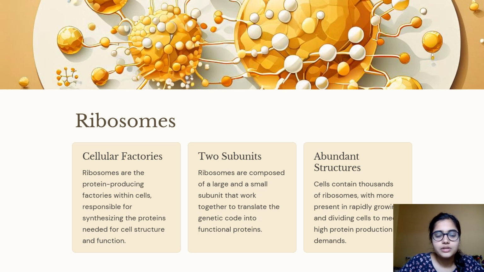Two subunits: the ribosomes are composed of a large and a small subunit that work together to translate the genetic code into functional proteins. Abundant structures: cells contain thousands of ribosomes, with more present in rapidly growing and dividing cells with high protein production demands.